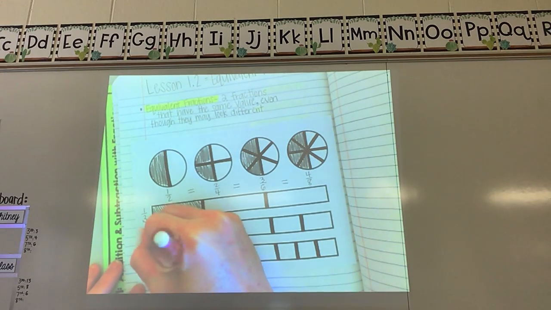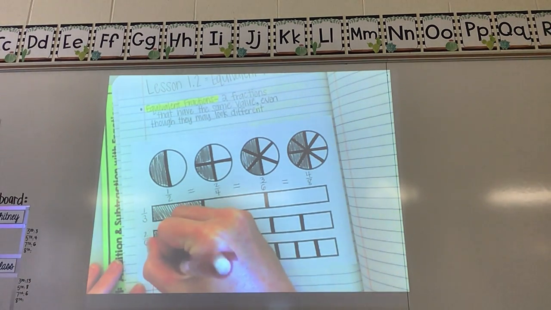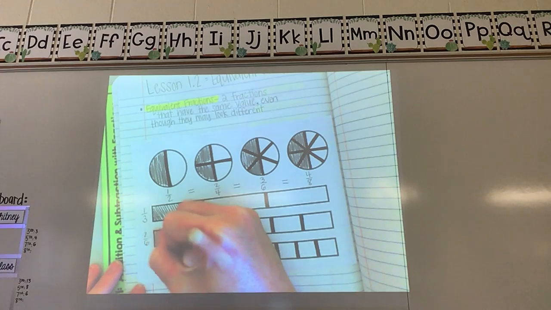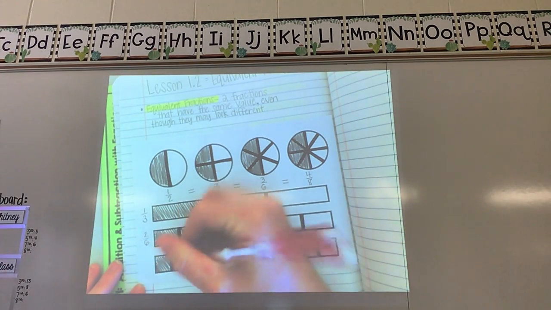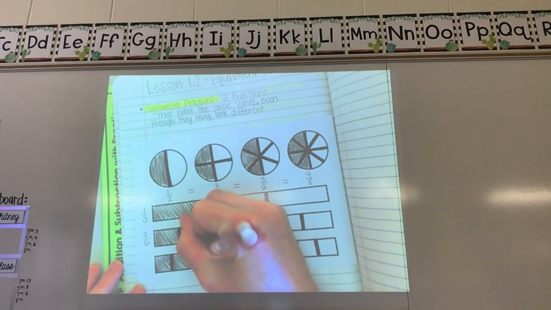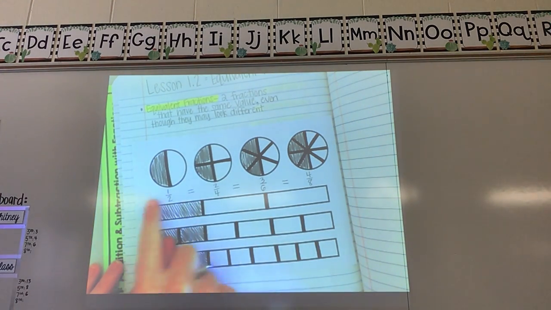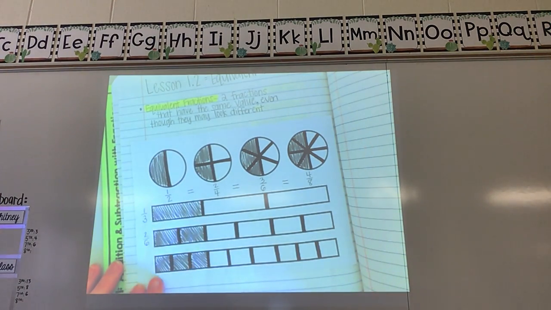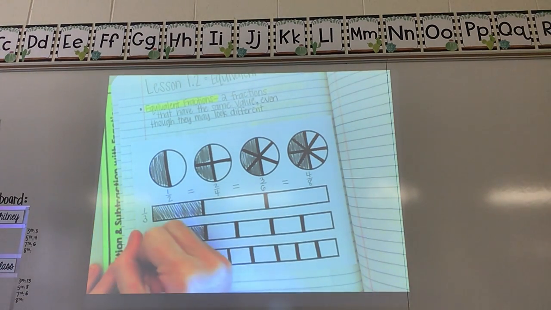That would be correct. So shading 1, this is the second one, and this is the third one. Now these are all equal. They're all equivalent, the same amount. This fraction would be 3/9.